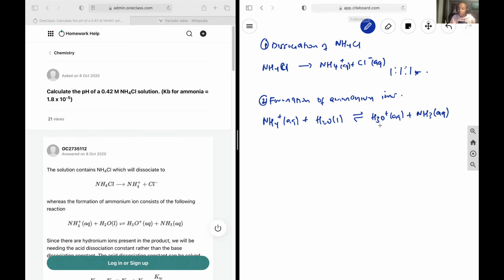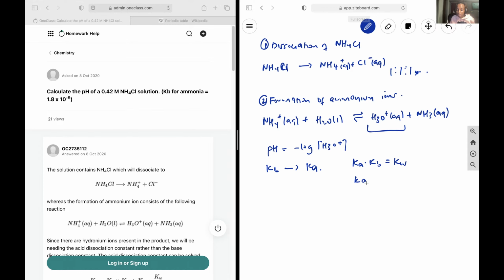Okay. And so since we need the pH, and the pH is equal to the negative log of H3O plus, and we're dealing with H3O plus generally in this equation, instead of the Kb, we need the Ka. But that's totally okay because we can calculate it quickly from the value that we're given. We know Ka times Kb is equal to Kw.